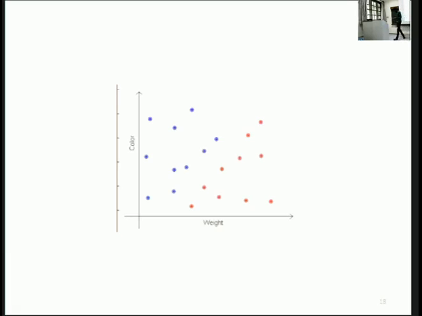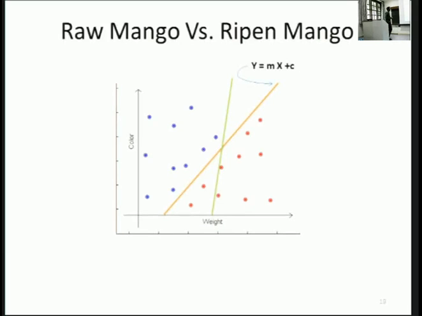The simplest way we deal with it is by finding a line. So we find this orange line or the green line. Let's stick to the orange line for the time being. If I have this line and a new mango comes up, I'll take these two values, weight and color, and plot them in this graph.